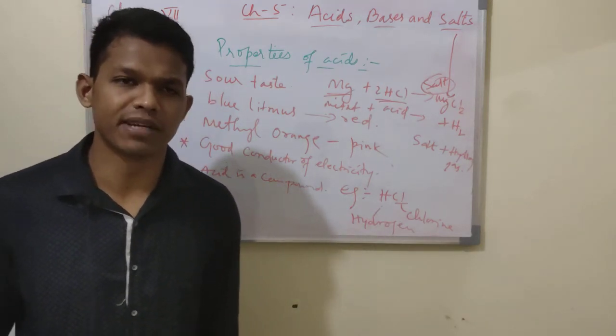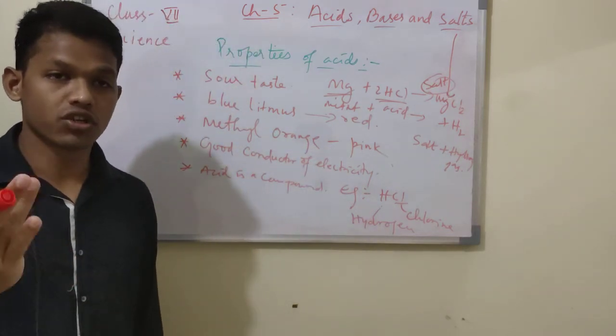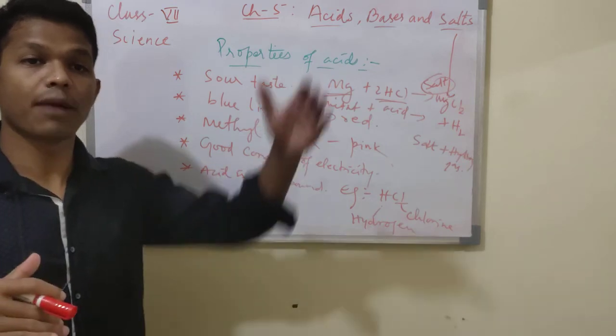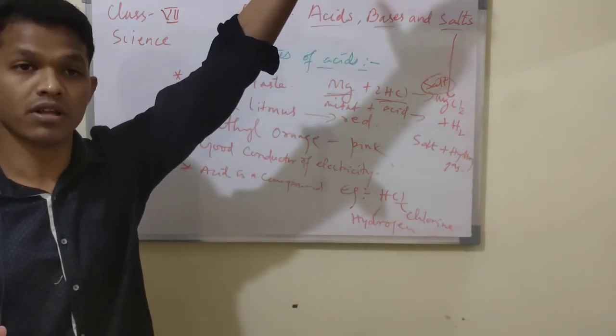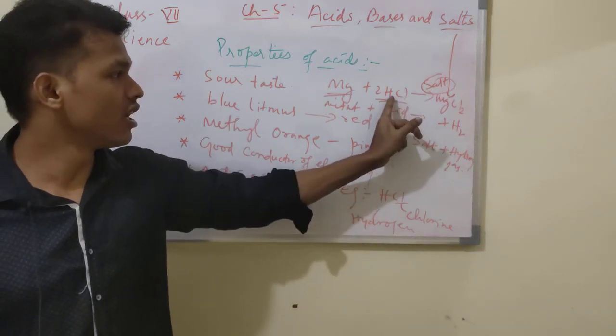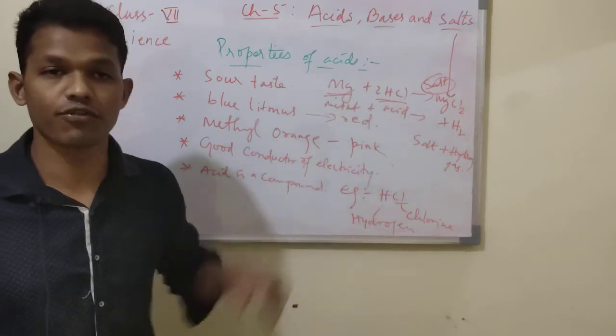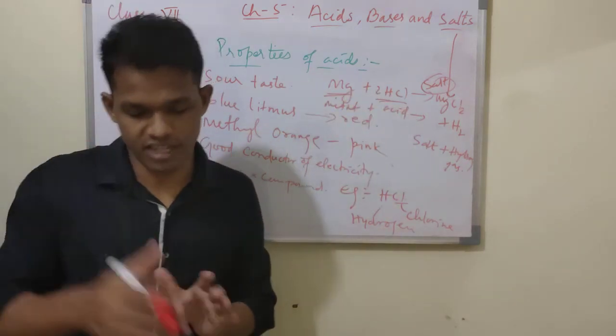You will study this in 8th class in the reactivity series. Gold, silver, and copper are less reactive than sodium, potassium, magnesium, iron. These highly reactive metals can easily displace the hydrogen atoms. This kind of reaction is known as a displacement reaction. You will study it in higher classes.